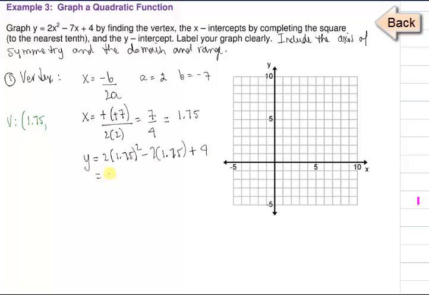When I work all of that out on my calculator, I get -2.125. So the y-coordinate of my vertex is -2.125. Now, I'm going to round these off to the tenth because I couldn't graph as accurately as hundredth on this graph, or even thousandth. So it makes sense to round to the nearest tenth: 1.8 and -2.1. I'm going to use this to graph my vertex.